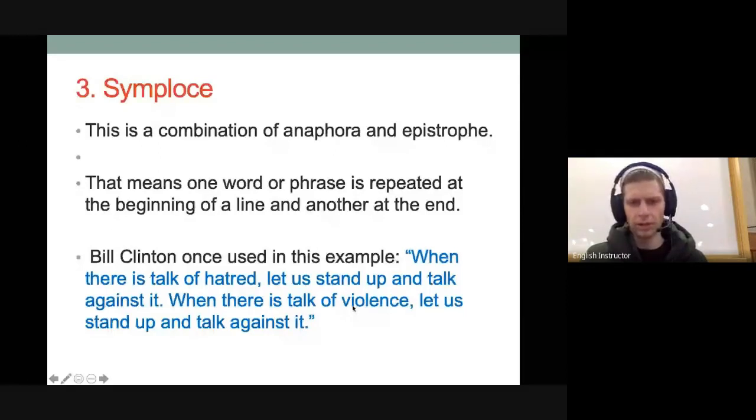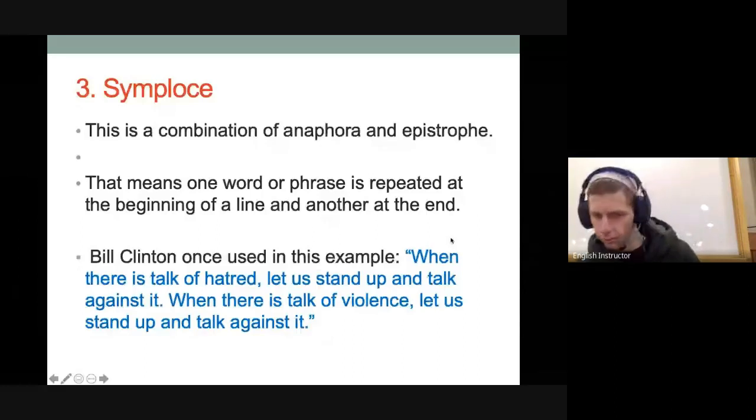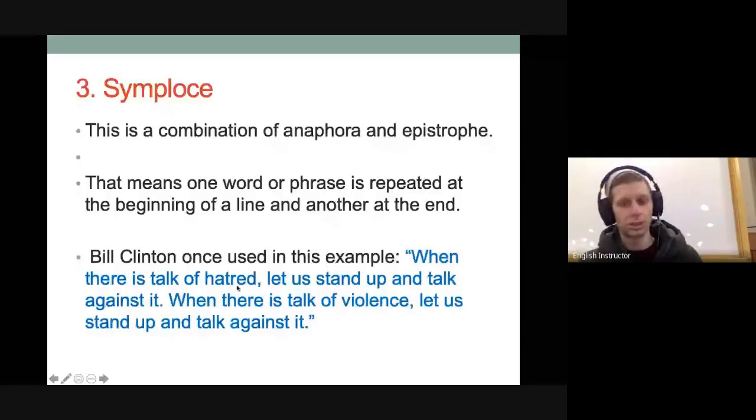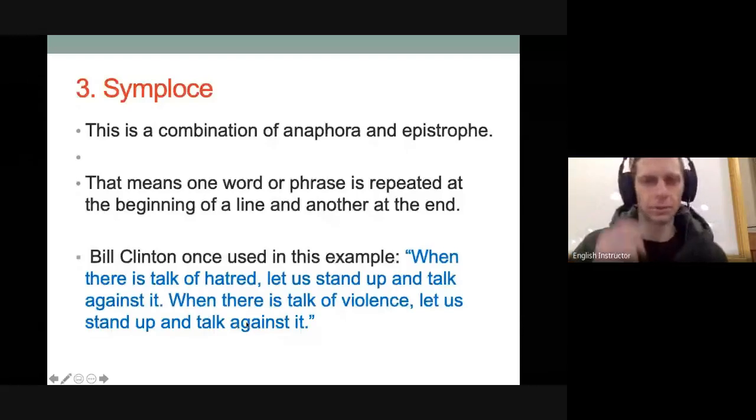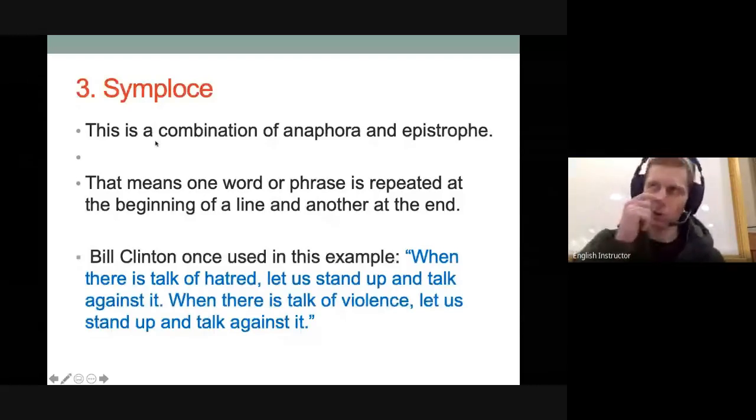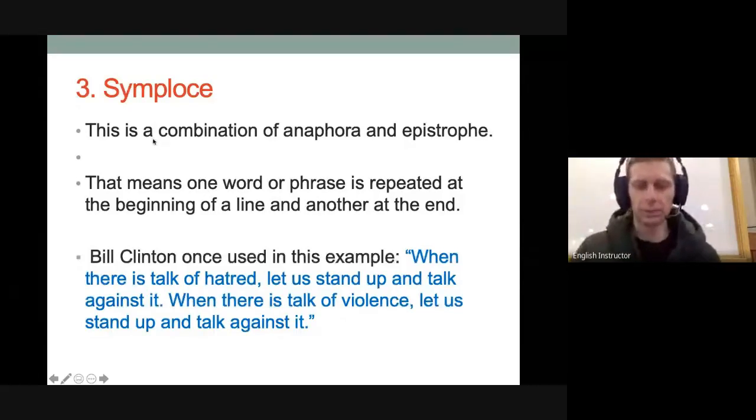So we've kind of repeated the same structure over again, when there is talk of something, but we changed this part, let us stand up and talk against it. So a bit more of a formatting issue, but it's definitely useful if you're trying to highlight just one bit.